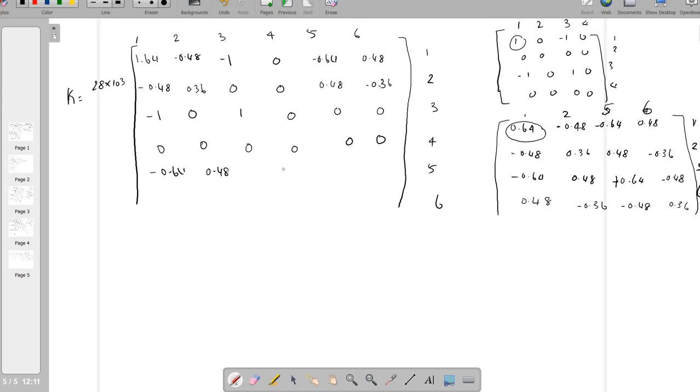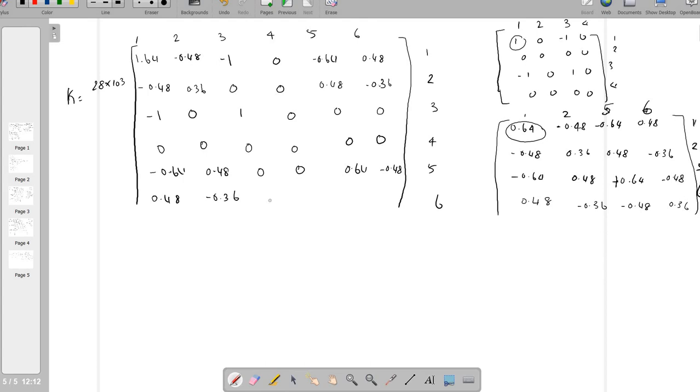There is no connection between 3 and 5, so 0. 4 and 5 is 0. 5 and 5 is 0.64. 6 and 5 is minus 0.48. 1 and 6 is 0.48. 2 and 6 is minus 0.36.